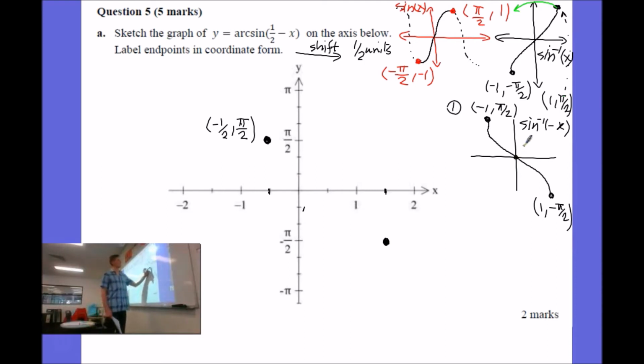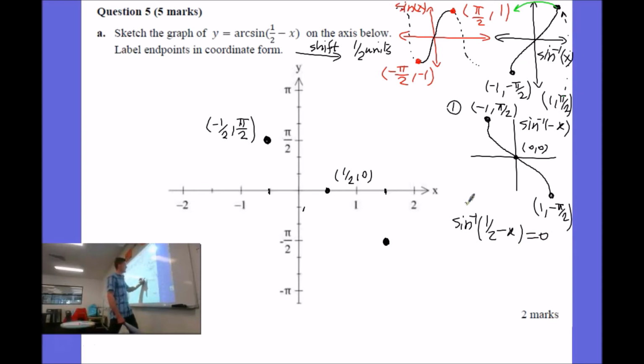The original graph intersected at the origin. Now that same point is going to shift by half a unit to the right, so it's going to intersect here. The only other thing is, as it comes down, it looks like we're going to have a y-axis intercept, so we want to determine that. We have arcsine of a half minus x.